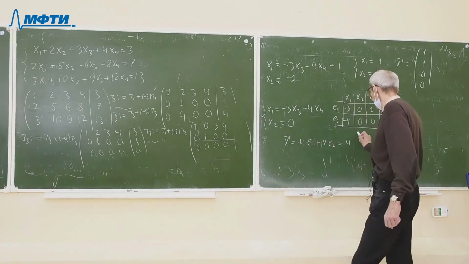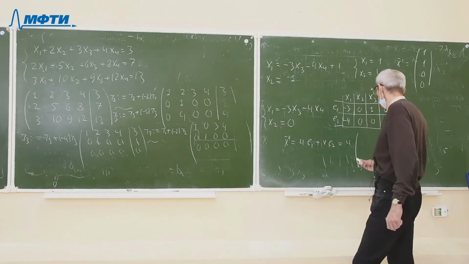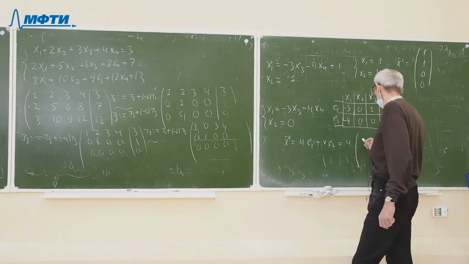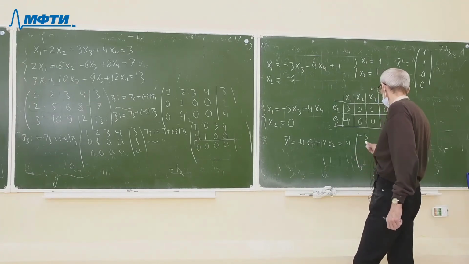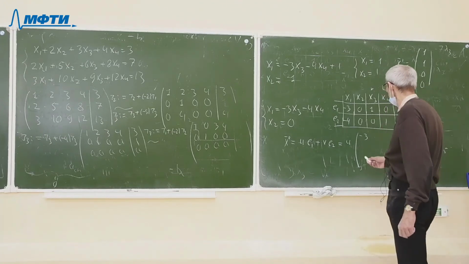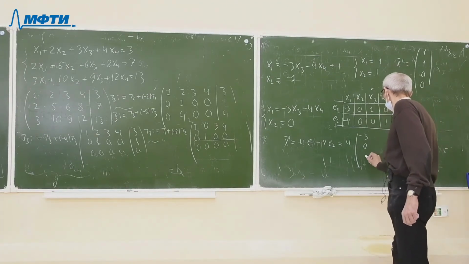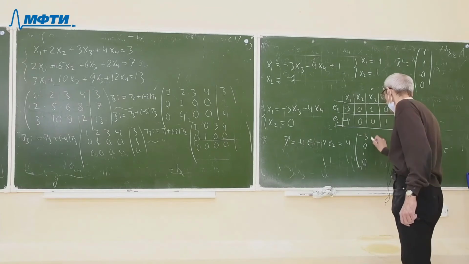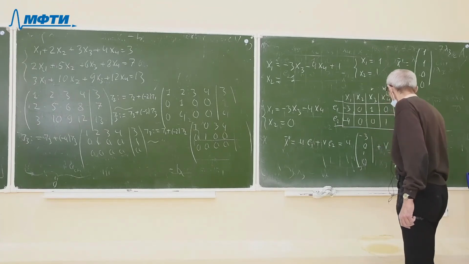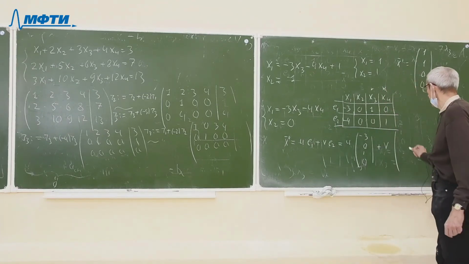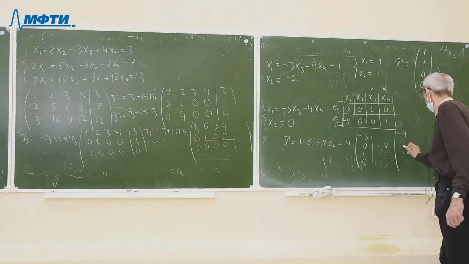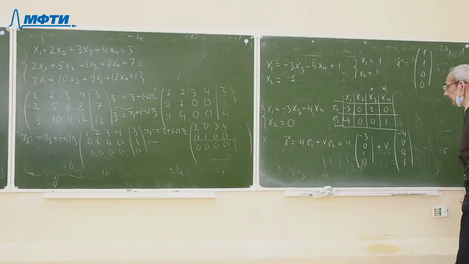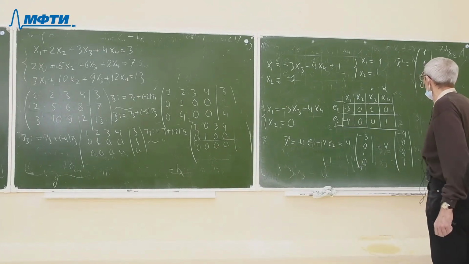In this form we obtain u times the column with components minus 3, 0, 1, 0 plus v times the column with components minus 4, 0, 0, 1.